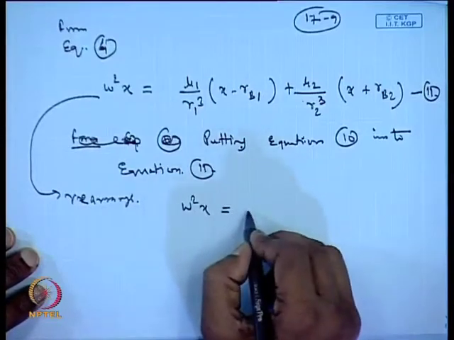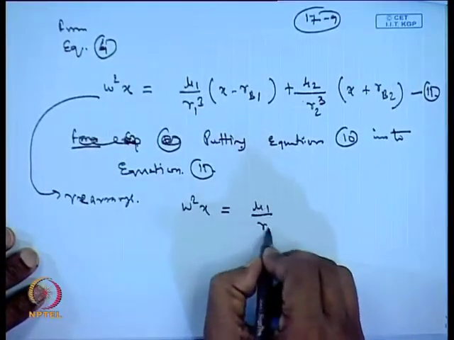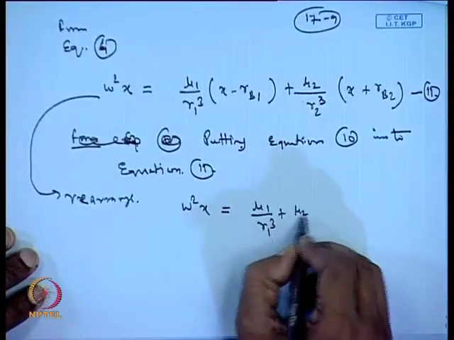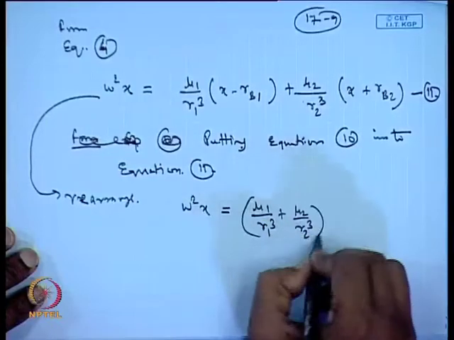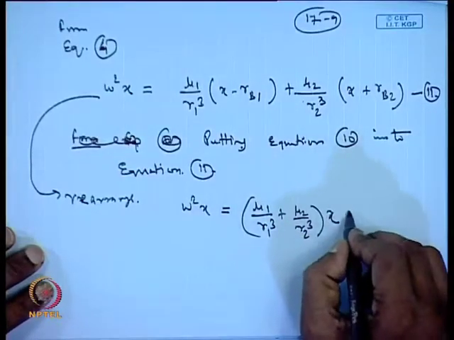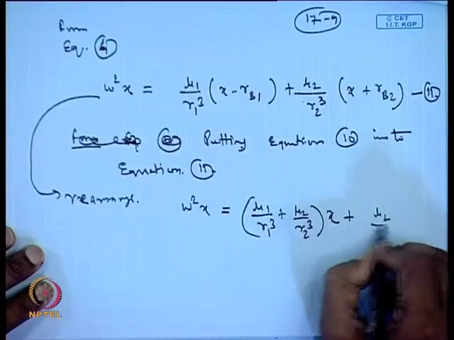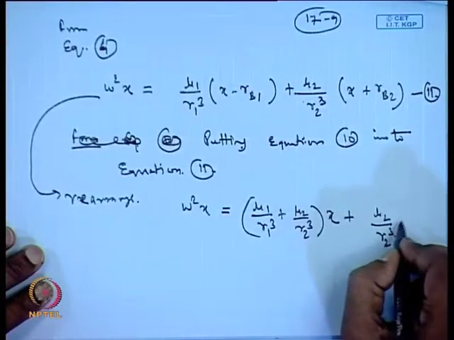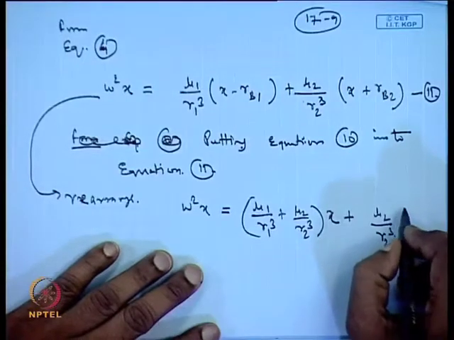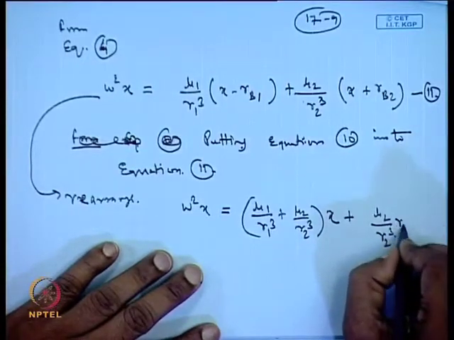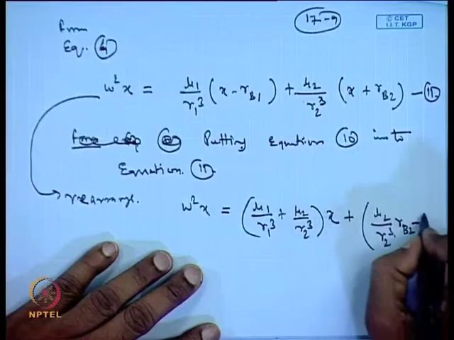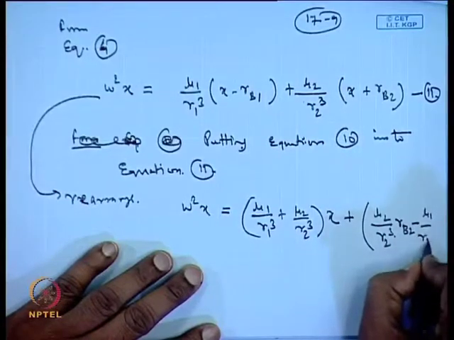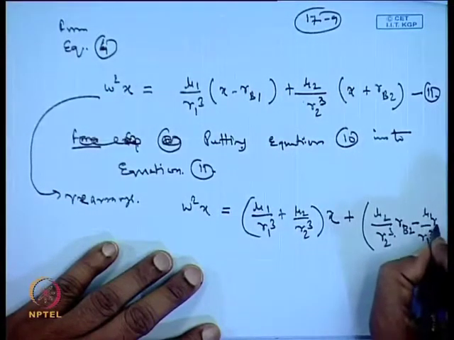Okay. So, this we can write as mu 1 by r 1 cube plus mu 2 by r 2 cube times x plus mu 2 by r 2 cube r b 2 minus mu 1 by r 1 cube r b 1.